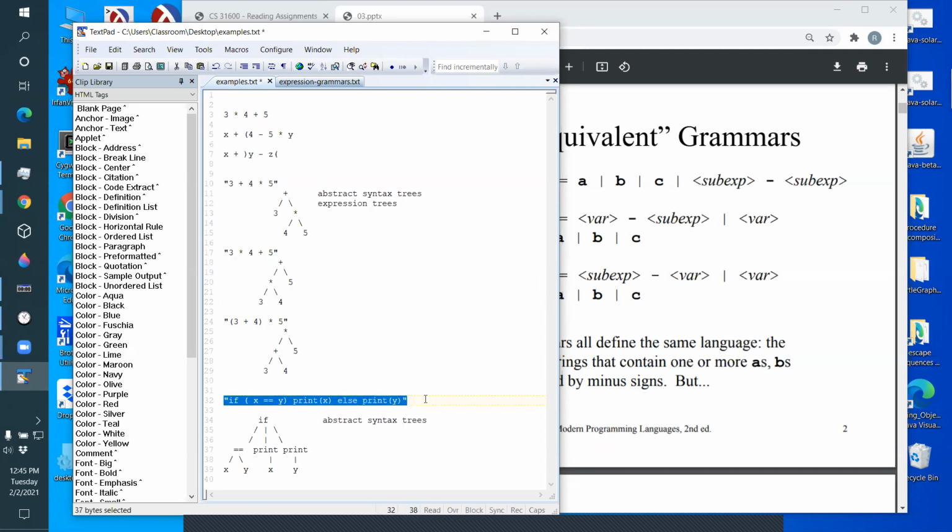You start with a string in your language. The parser turns it into an abstract syntax tree. That's the first step of a compiler. Then the second step is to compile the tree into machine code, or if it's an interpreter, just to walk the tree, traverse the tree, and do what the tree says.